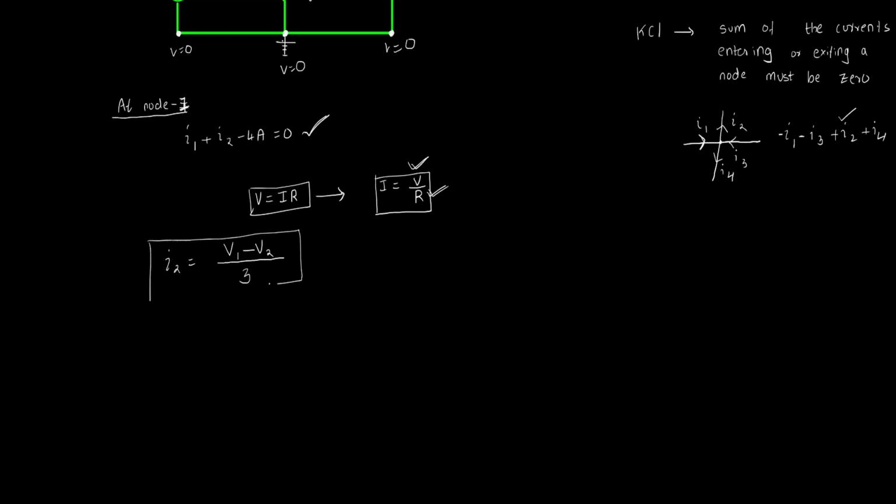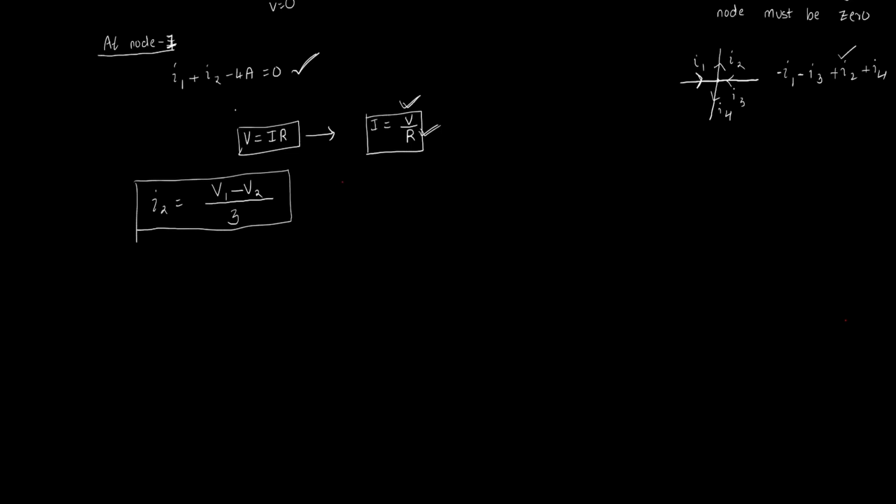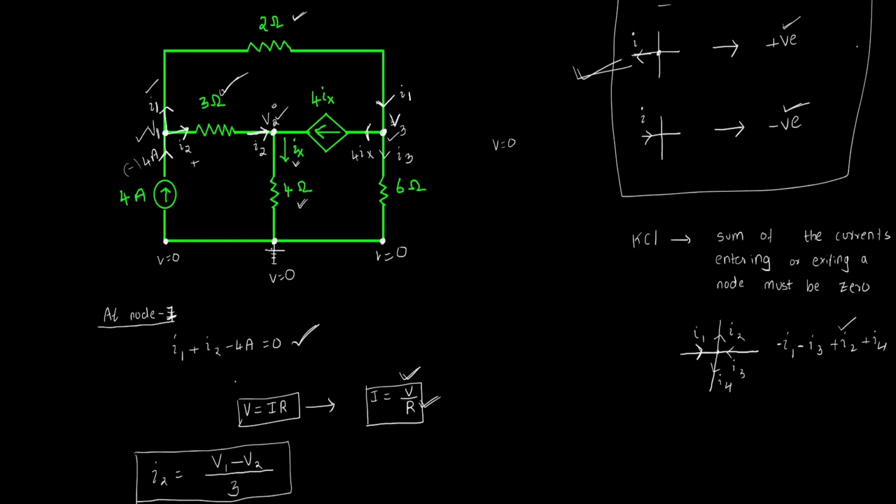This is the voltage form of the current I2, and for the current I1 we can take I1 equals V1 minus V3 by 2. As we can see from the diagram, the current I1 starts from the potential V1 and terminates at the potential V3, and the current travels from higher potential to lower potential.